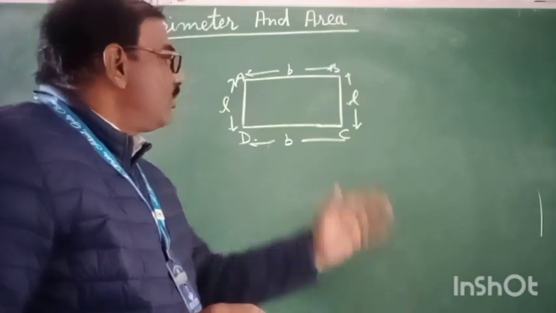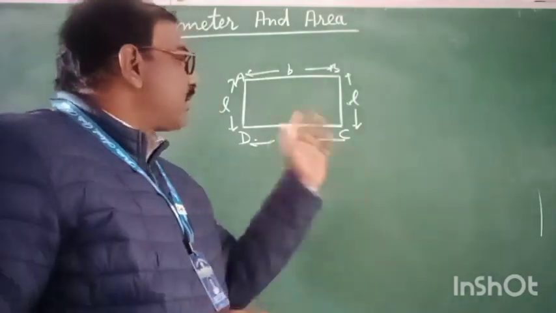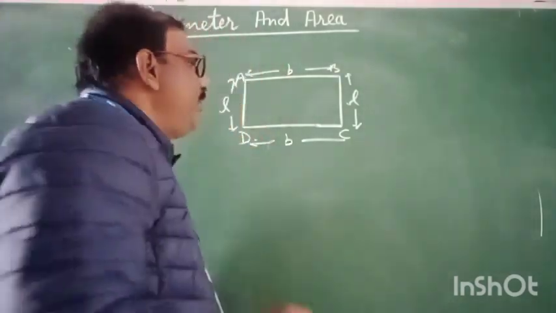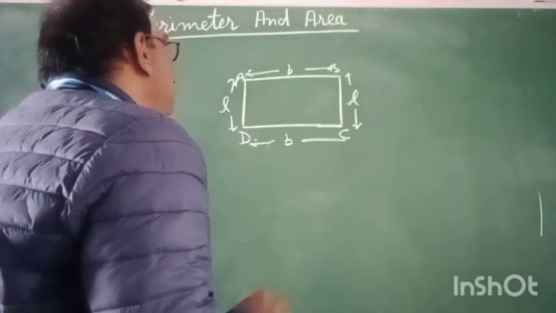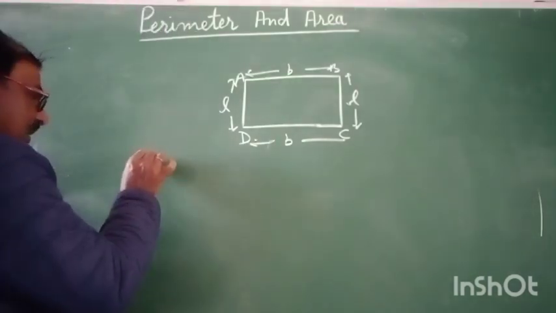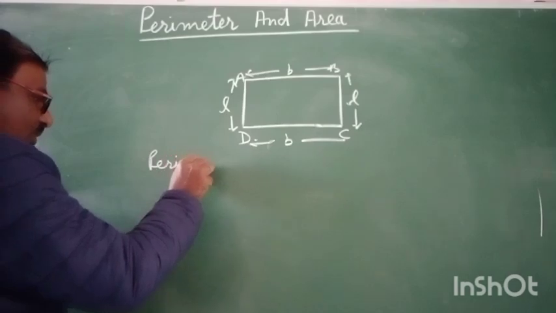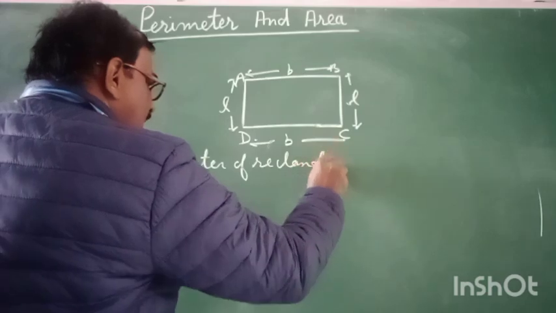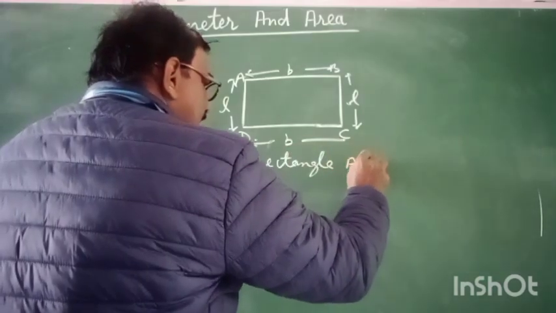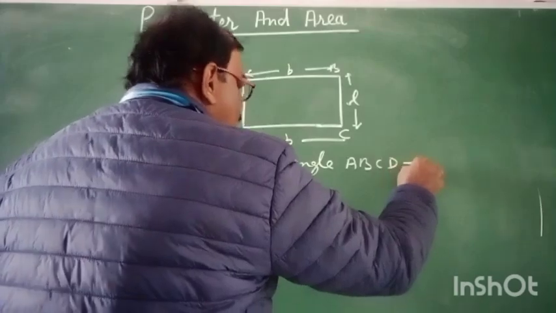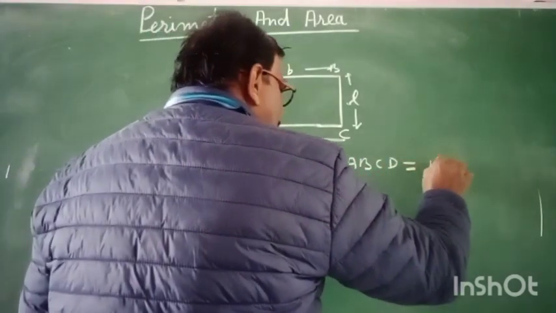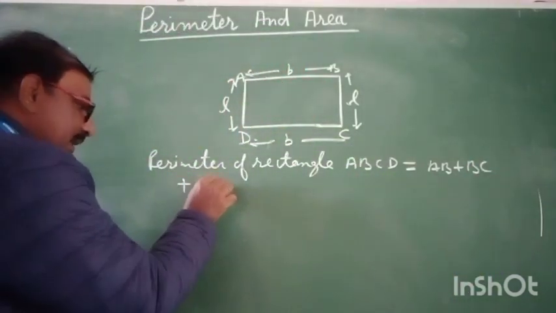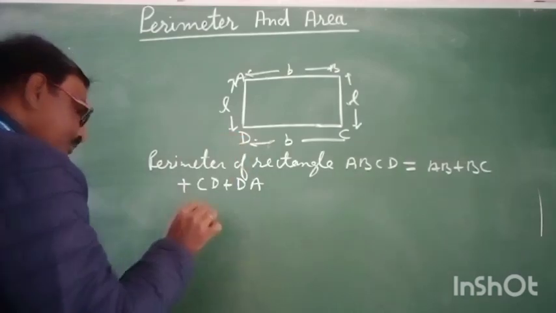So what will be the sum of the boundary of the rectangle, the perimeter? The perimeter of rectangle ABCD is equal to AB plus BC plus CD plus DA.